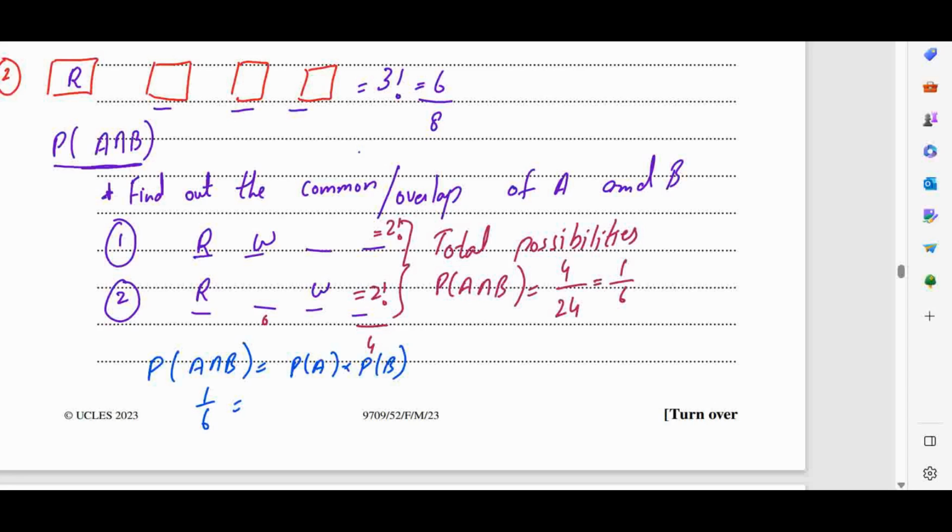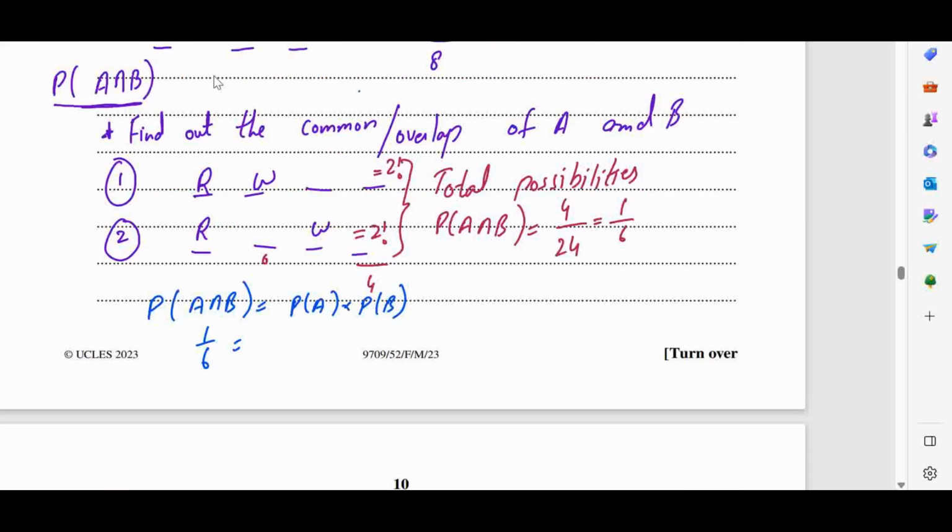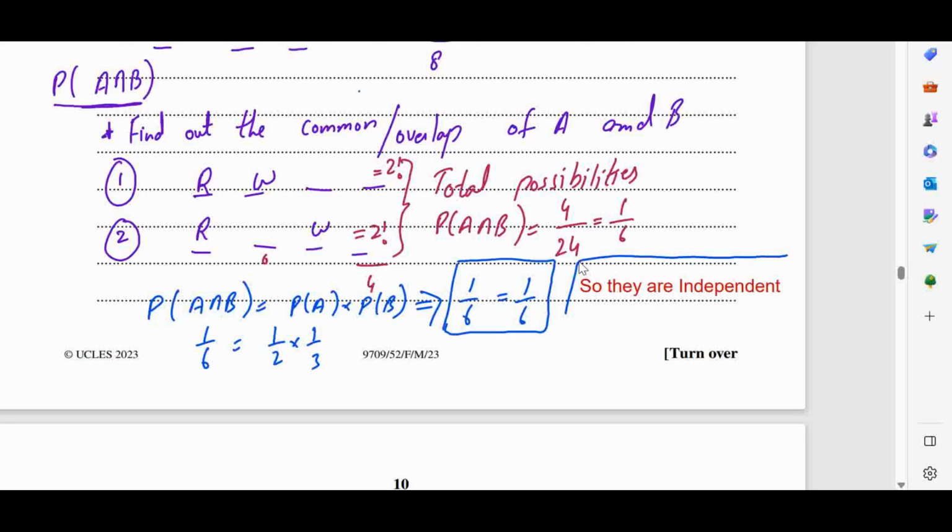Probability of A was 1 by 2 and probability of B is 1 by 3. As this condition is satisfied, 1 by 6 is equal to 1 by 6, so we can say that these two events are independent, and hence proved.